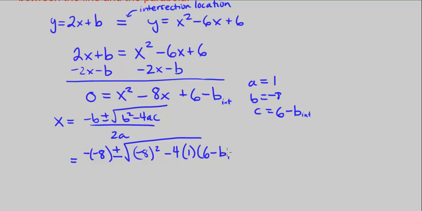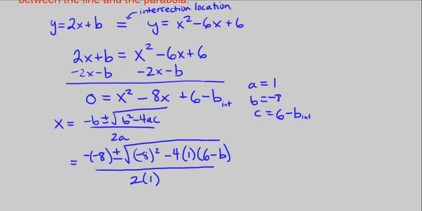I'm just going to keep it as b now because we no longer have another b to confuse us, over 2a, so 2 times 1. If we continue to solve this, we're going to get something with a b in it still, but that's how we're going to approach this problem.